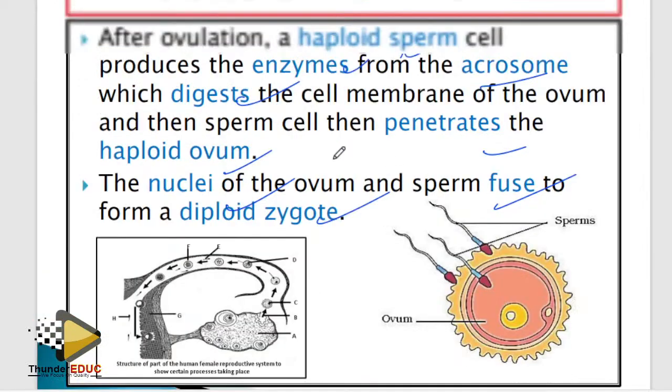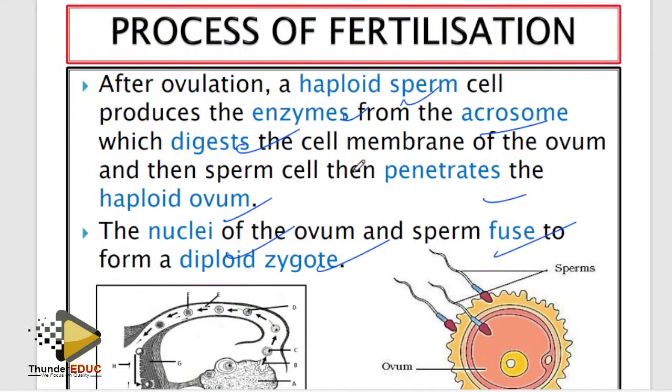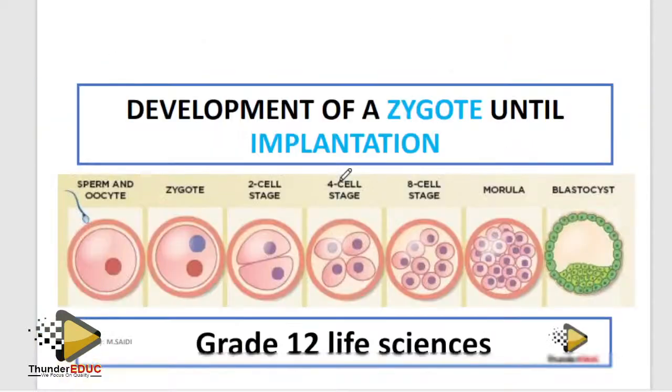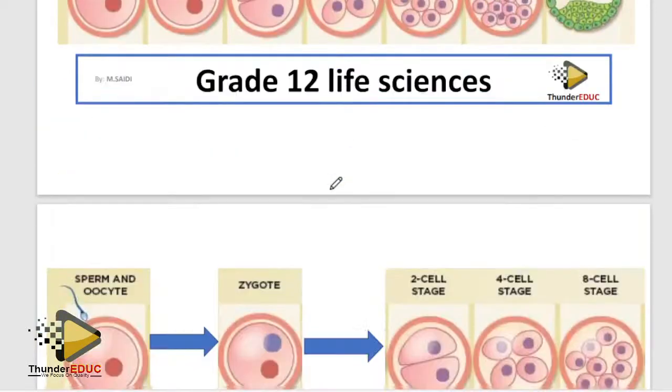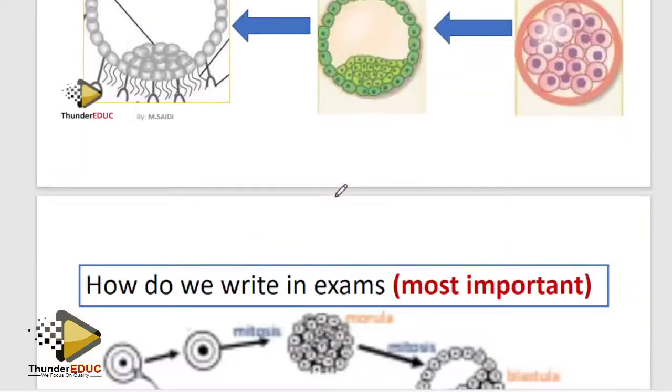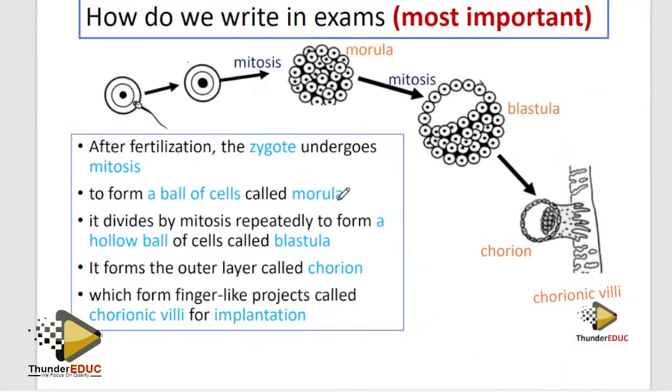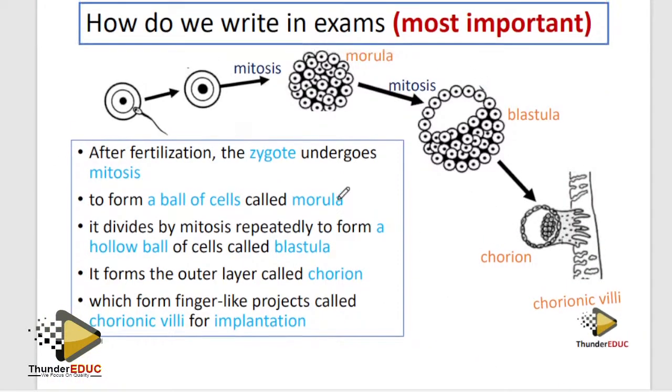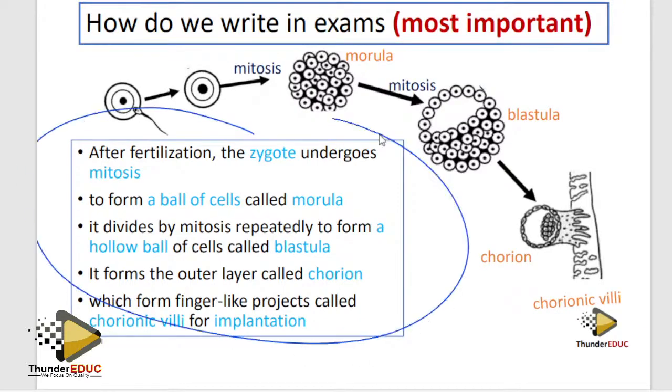So fertilization is cool now, guys. Make sure that you get it. This is where the problem comes from. When they bring 6 marks here, you see someone failing to get it.